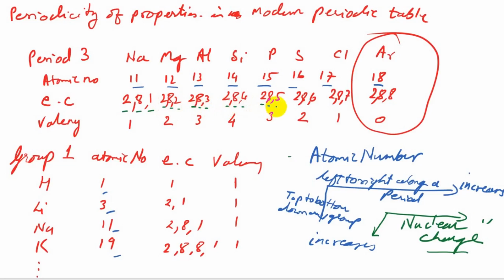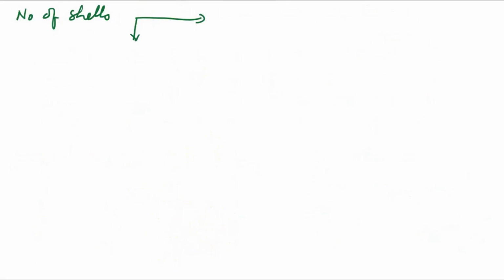So what is happening as you are going left to right? It remains the same, isn't it? Left to right, there's no change in the number of shells. But as you go downwards, this had one, here you have two, three, four. So the number of shells is increasing. So what will I write here?